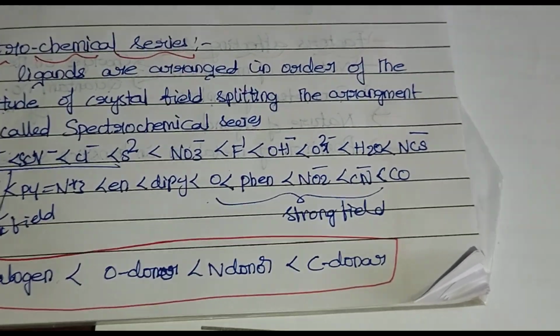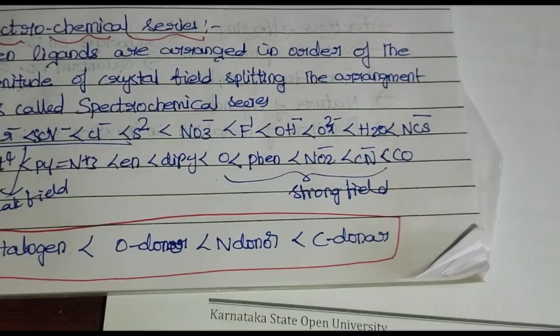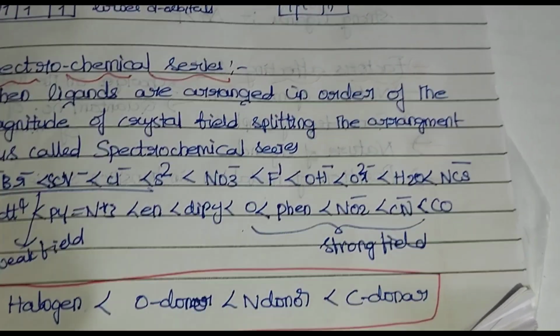Last, halogens are very weak field ligands. Like this we can remember easily.